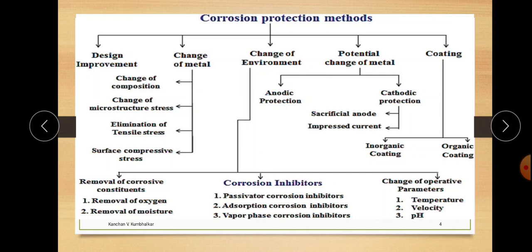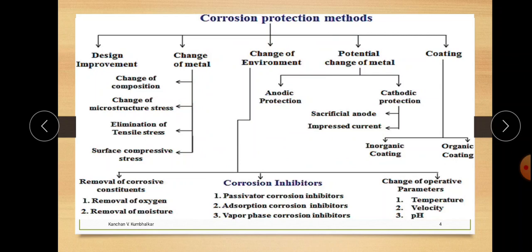Similarly, by using inorganic material and organic material, the coating takes place, due to which the material remains protected from the corrosive atmosphere and the corrosive condition. Hence, the rate of corrosion is diminished, and due to which the corrosion protection takes place. So this is all about the corrosion protection methods in a simple way.